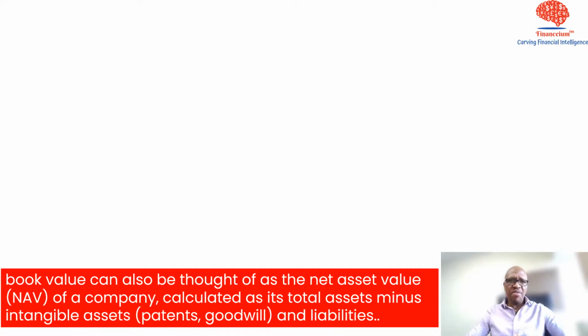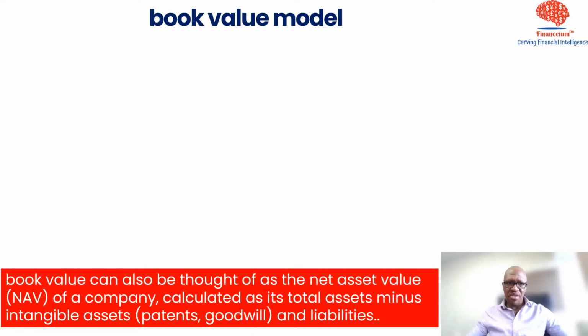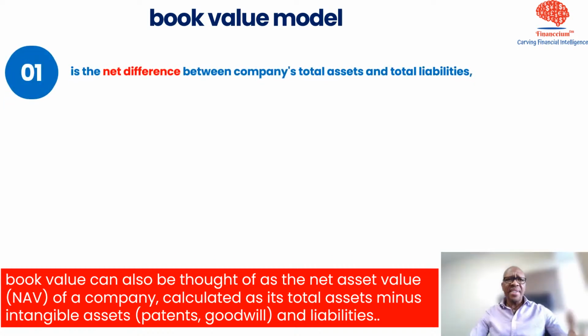Really, the book valuation model is nothing but the net asset value of the entity, and you calculate it by netting the liabilities from your total assets. That includes your intangible assets, those are patents and goodwill. Now, there are really three things to focus on when you're doing the book value.